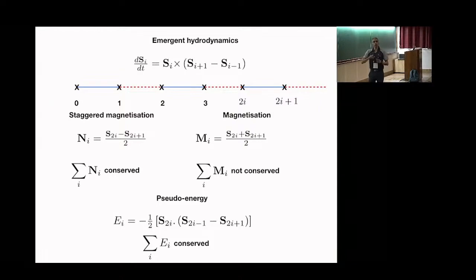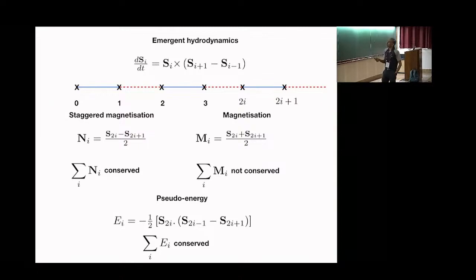So before I show you the numerical data, let me try to outline for you an analytical self-consistent calculation, which argues that there is diffusion in this model, and also that there is relaxation for the non-conserved quantity, which is the magnetization. So the idea is that we start from dynamics like our dynamics, which is this, and then we coarse grain the model to obtain a hydrodynamic description of the system.